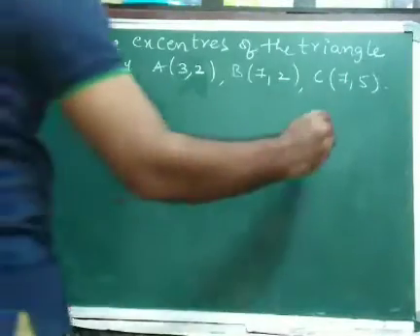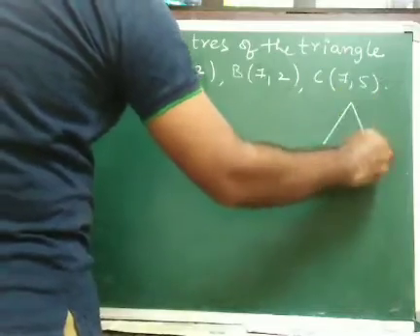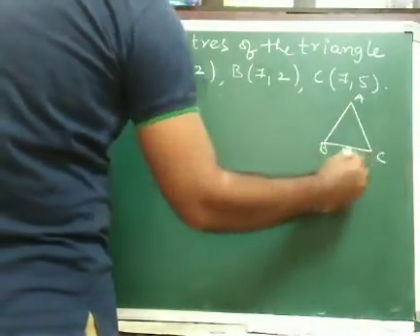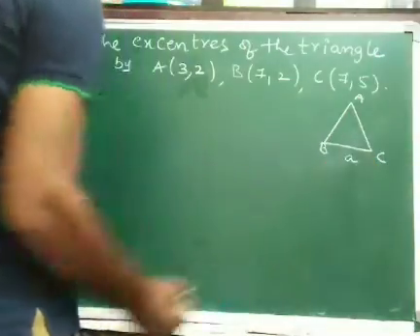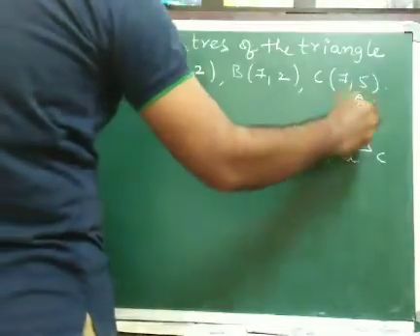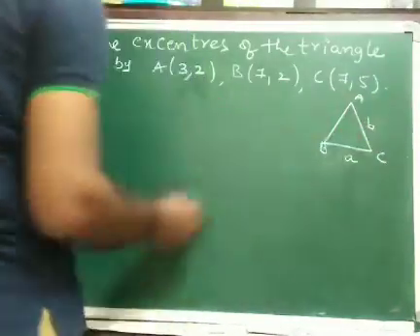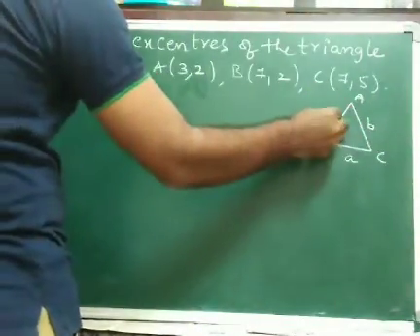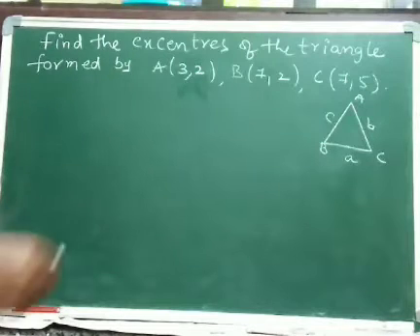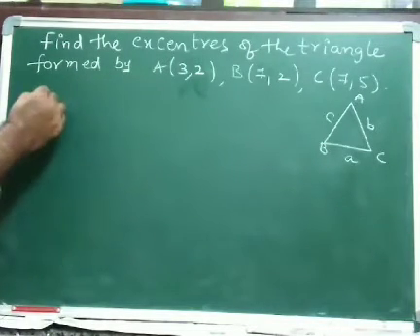Okay, so for example, this is the triangle ABC. Then BC is denoted by small a, the length of the side BC, AC is denoted by small b, and AB is denoted with small c, right? So first of all, we need to find these lengths.